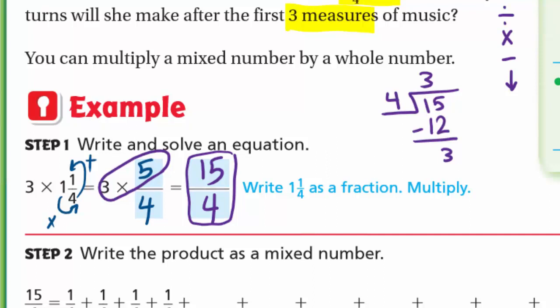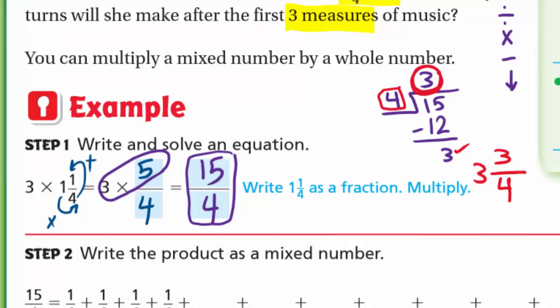So here we do it like this. This is the whole number. We write it 3. And we make a fraction. The 3 is the numerator, I write it up. And the denominator is the 4. So 3 and 3/4.